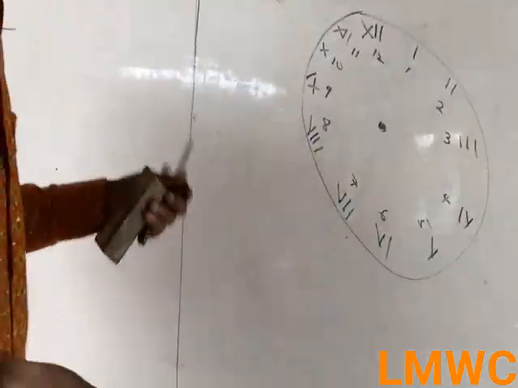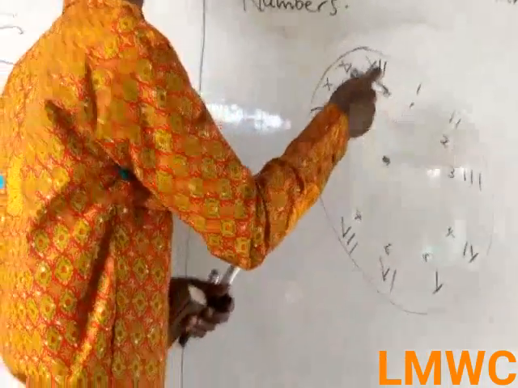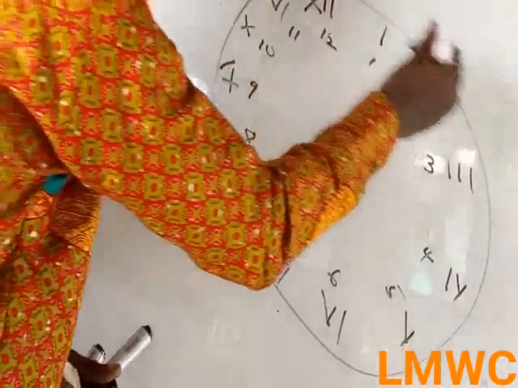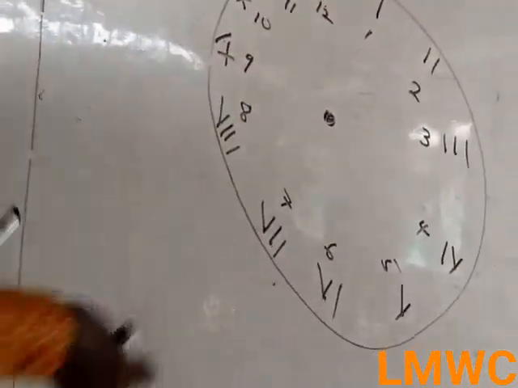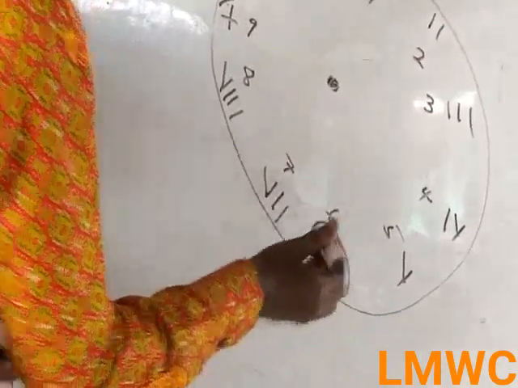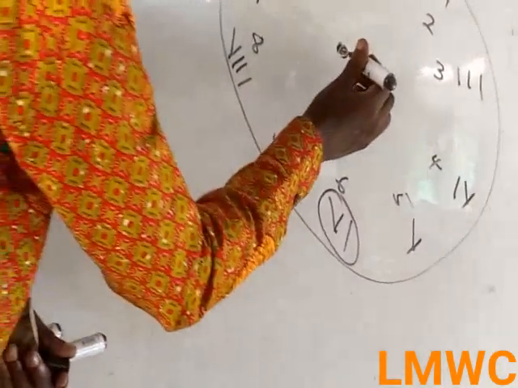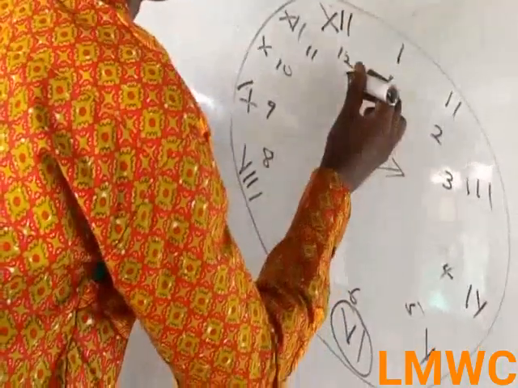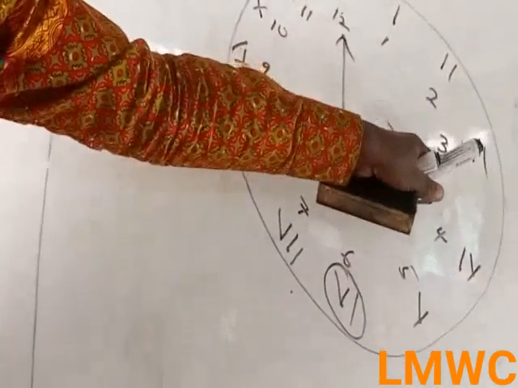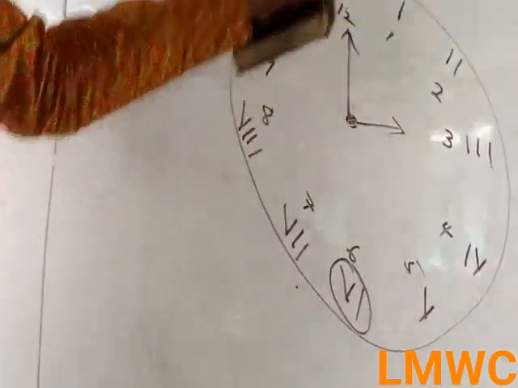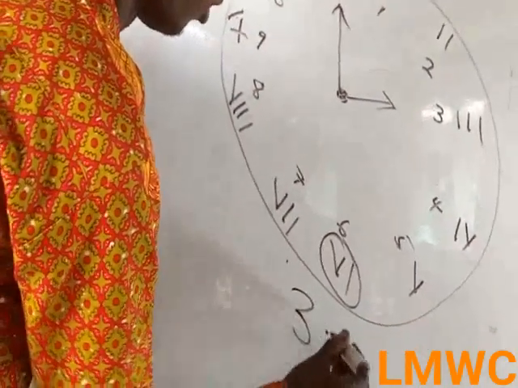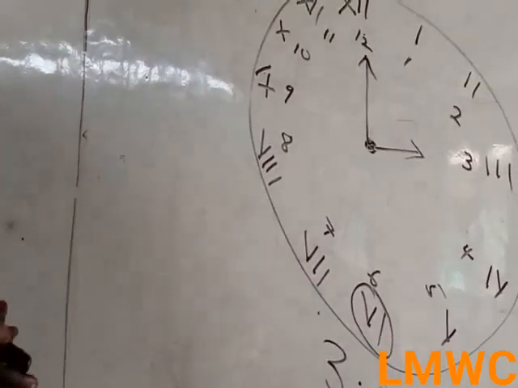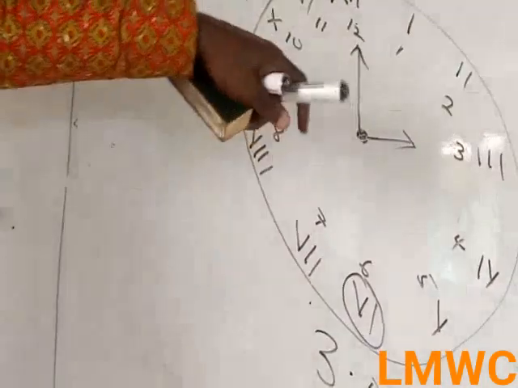In some watches, they give you the Roman numeral and the Hindu Arabic number. And for other watches too, they will give you only Roman numerals. So if you don't know the Roman numeral for 6, you cannot read your time. Now, if I give you something like this, and I ask you to read your time, once you know that the Roman numeral for 3 is this, and 12 is this, the time is 3 o'clock. But students normally find it difficult to read the time once we give them Roman numerals.